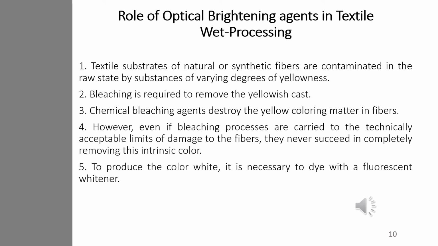However, even if bleaching processes are carried to a technically acceptable limits of damage to the fibers, they never succeed in completely removing this intrinsic color. So the bleaching processes may also damage the fibers. They never succeed in completely removing the intrinsic color.